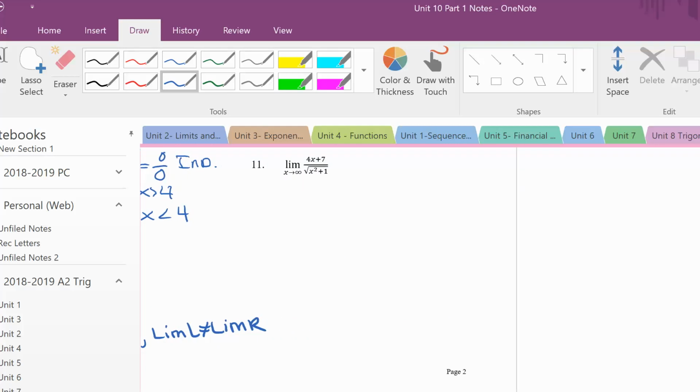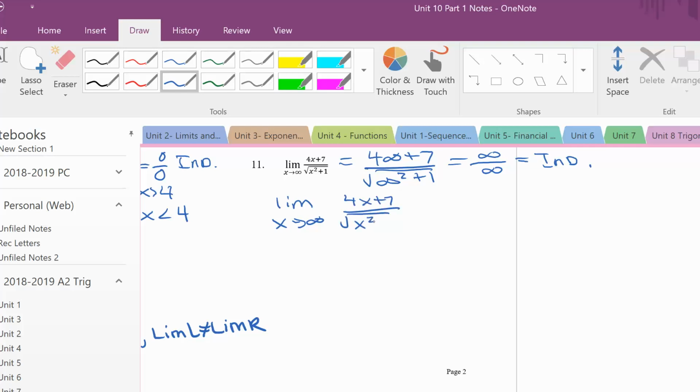All right, and then the last example, number 11. If you put the infinities in, notice you're going to get infinity over infinity, which means that's indeterminate. So we're going to have to do what we did in number 7, which is multiply by 1 over the square root of x squared, top and bottom.